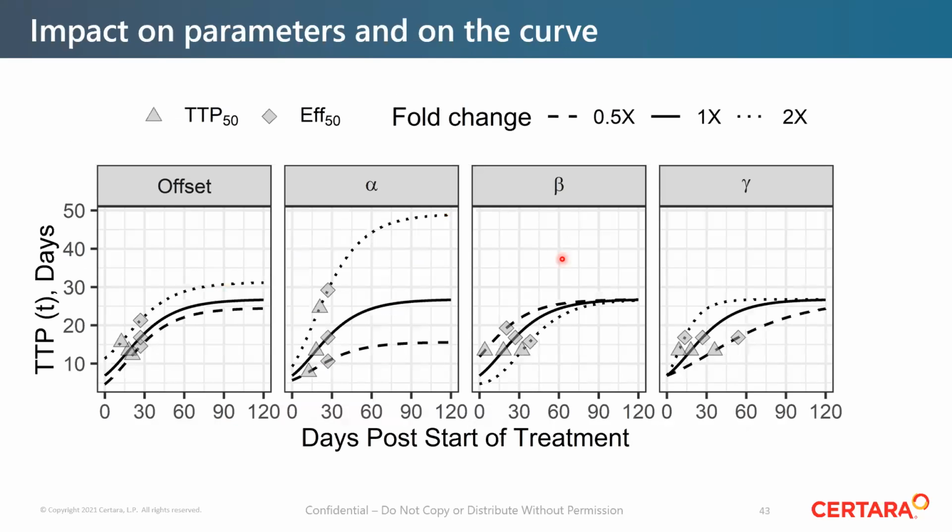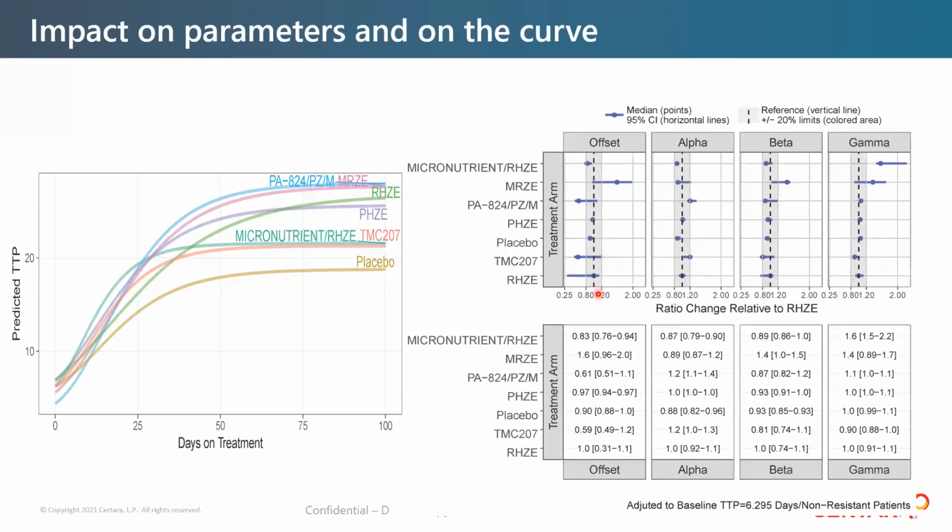And that's another example where I got a Gompertz model. I show the effect on the curve, but here I chose to show the effect of treatment on the parameters. So it's a 4-parameter Gompertz model.